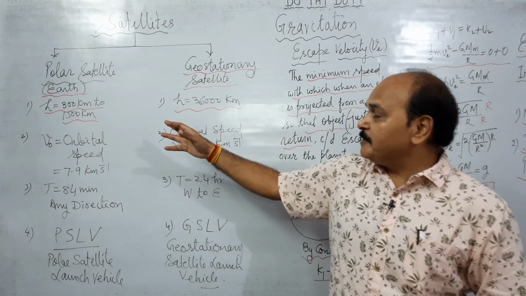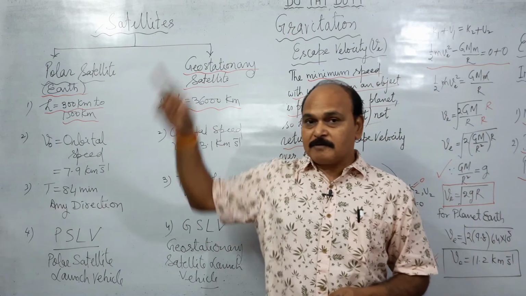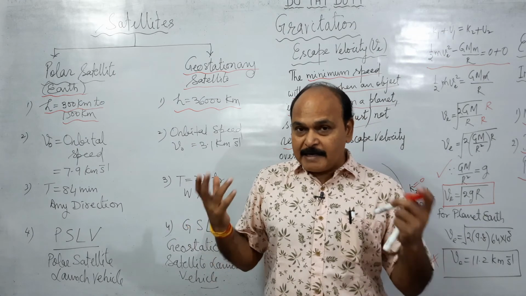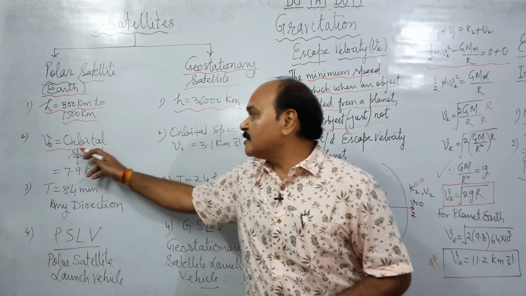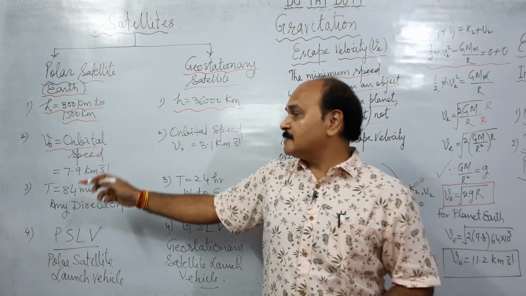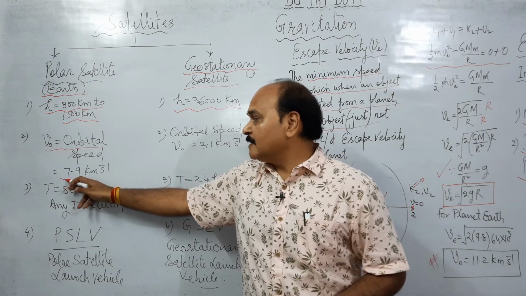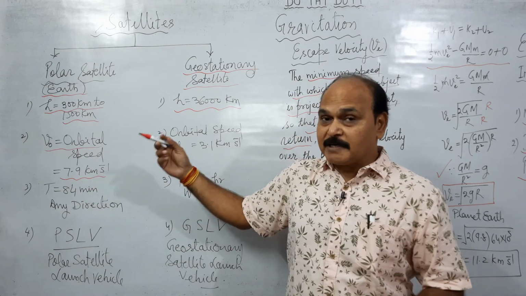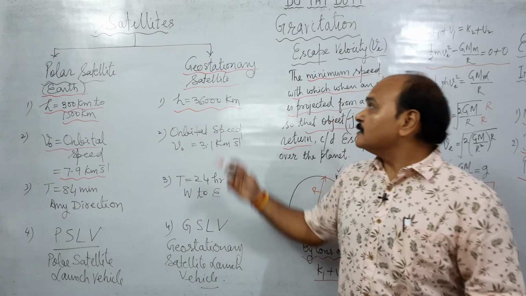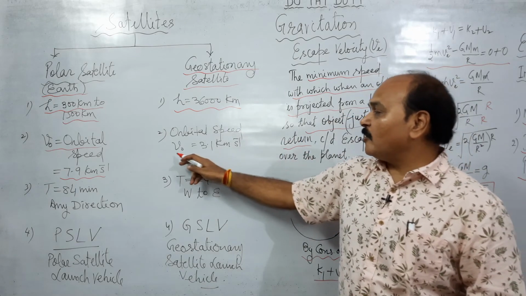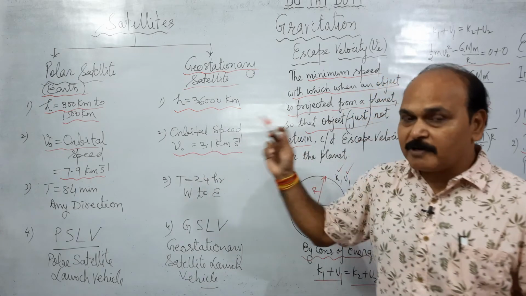The speed with which a satellite revolves around a planet in its orbit is called the orbital speed. The orbital speed of a polar satellite is 7.9 km per second, or nearly 8 km per second, whereas geostationary satellites have an orbital speed of 3.1 km per second.